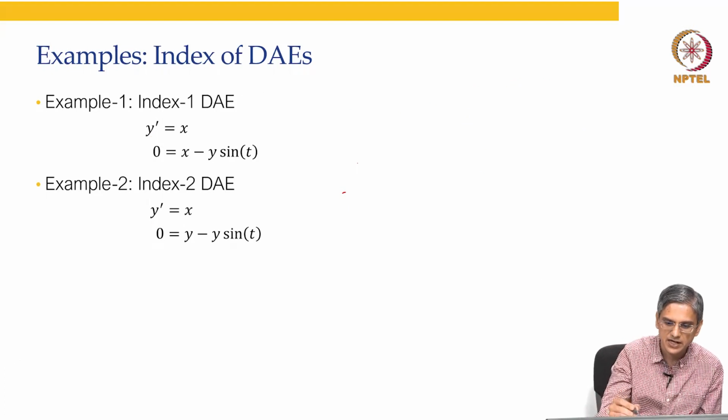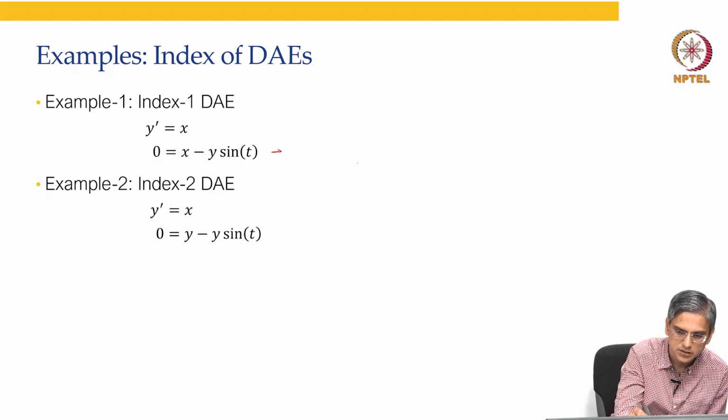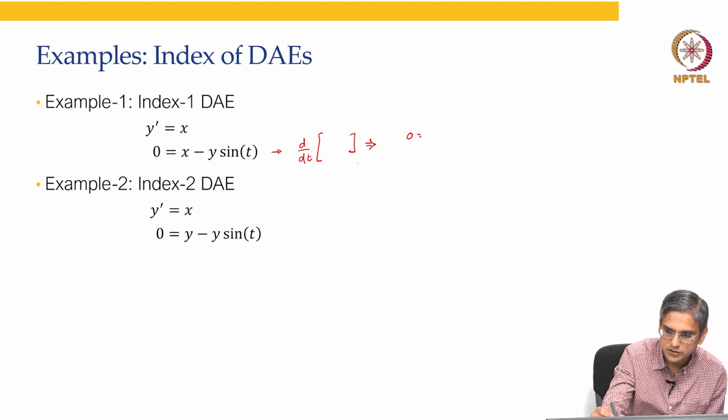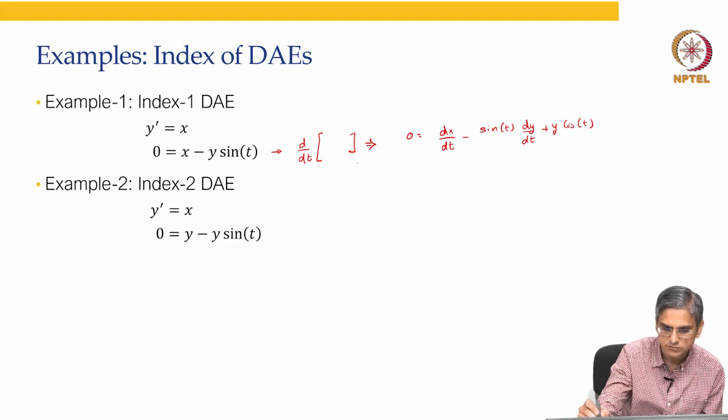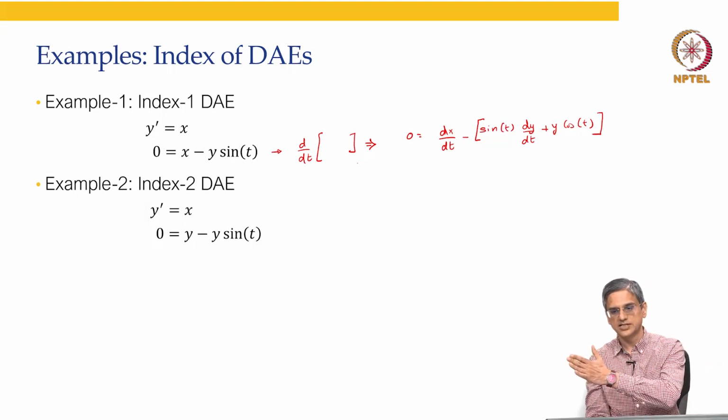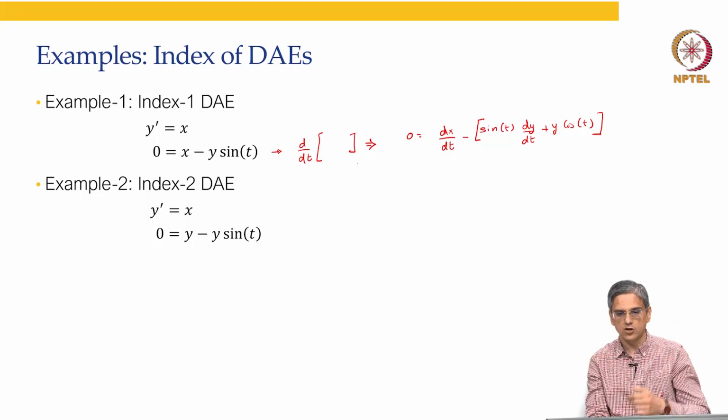Okay. What do we mean by that? If we take this particular example and take d by dt of this equation, we are going to get 0 equal to dx by dt minus sin t dy by dt plus y cos t. You take sin t dy by dt plus y cos t onto the other side.